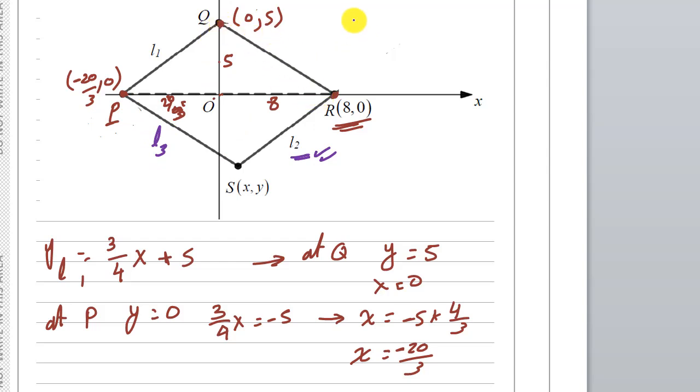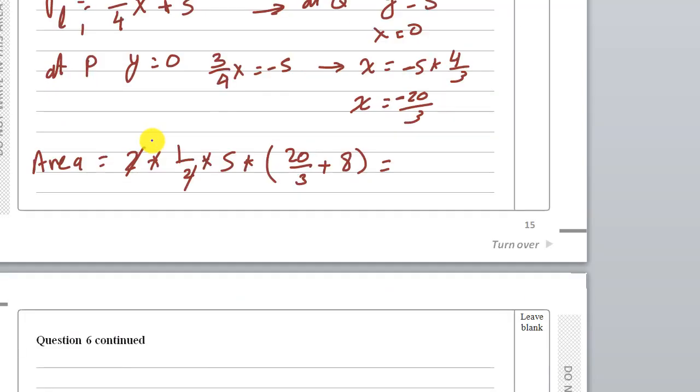So the gradient of QR is equal to y2 minus y1 divided by x2 minus x1. So it's equal to 0 minus 5 divided by 8 minus 0, so it's equal to minus 5 divided by 8. This gradient is the gradient of L3, and we know that this point lies on L3. So let us start to solve this part.